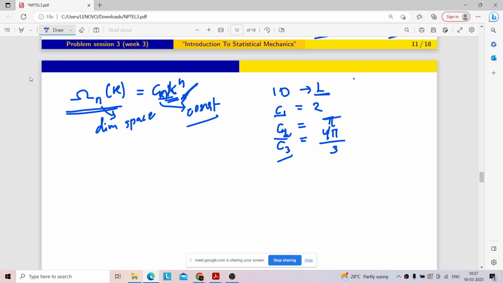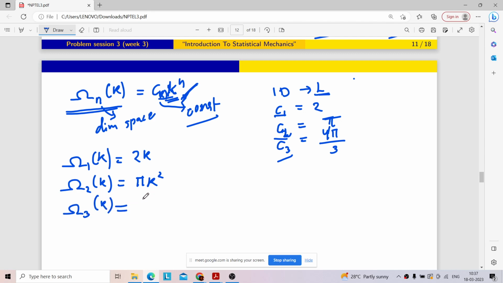So let's see, for one dimension, omega 1 k will be 2k, and for two dimension, this volume will be pi k square, and for three dimension, this will be 4 pi k cube over 3. Right.